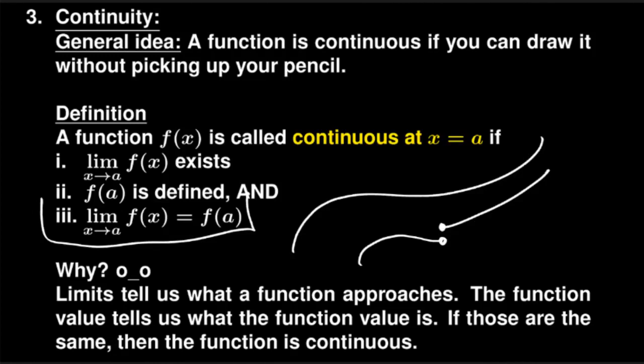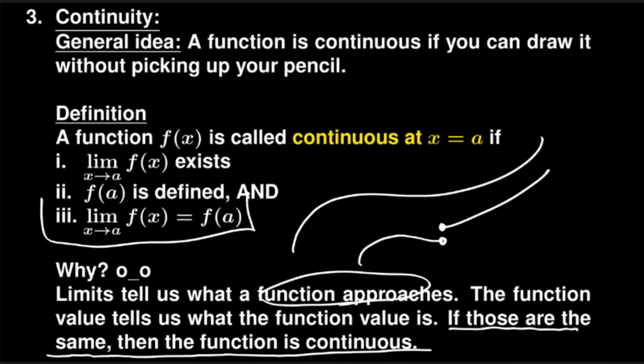So if you look at it that way, so like this last part over here that I wrote, if those are the same, then the function is continuous. If you remember it like that, then you'll remember, okay, so function approaches something, I have to have a limit. Function value, I have to evaluate the function somewhere.